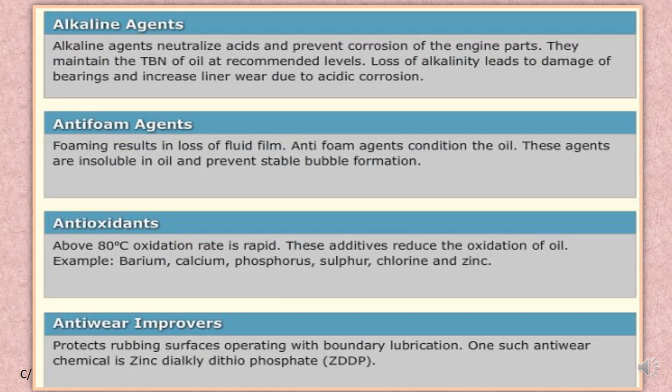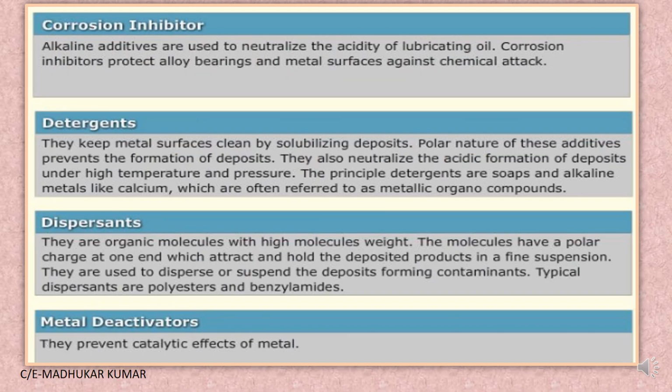Same here also: the alkaline agents, the anti-foaming agents, antioxidants, anti-wear improvers. This is also included in this slide, and for quick review it is very useful. And here in this one, we have the corrosion inhibitor, detergents, dispersants and metal deactivators. This is also going to give you a quick review, and if you go through it, it is going to improve and enhance your knowledge.